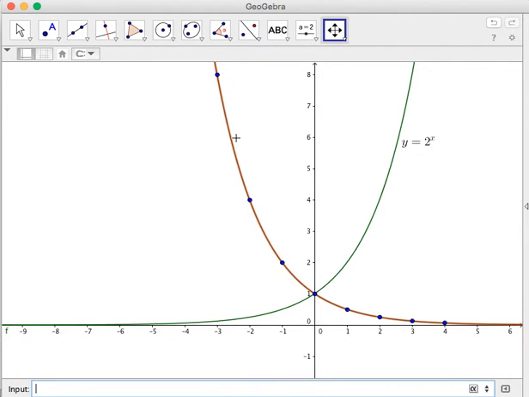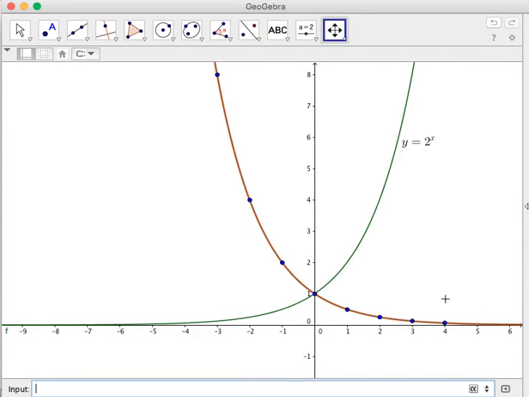Ibig sabihin ng y, ano nangyari dun sa function? Bumababa siya, di ba? Tapos lumalapit siya sa y-axis, no? Dito, nandito siya yung value. From here, ang value niya 4. Tapos, pwedeng dito bumaba na ng 2. Dito bumaba na ng 1. Dito bumaba na ng 1/2. Dito bumaba na ng 1/8. So, bumababa siya. As the value of x increases, the value of y decreases.